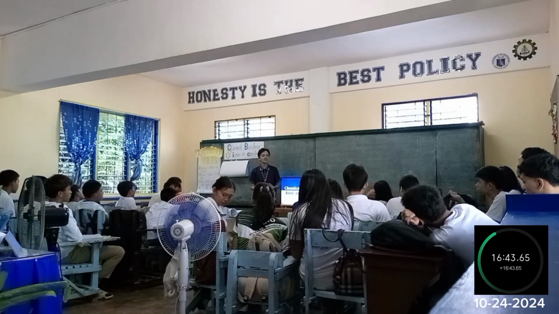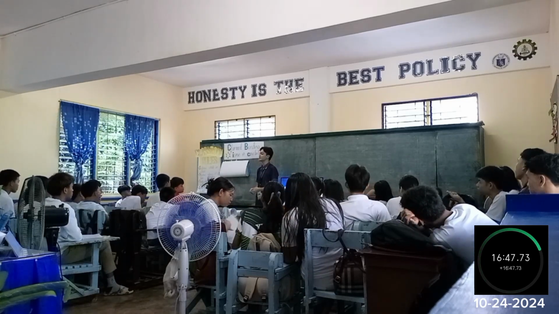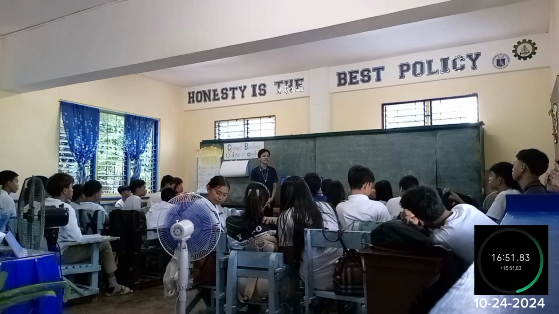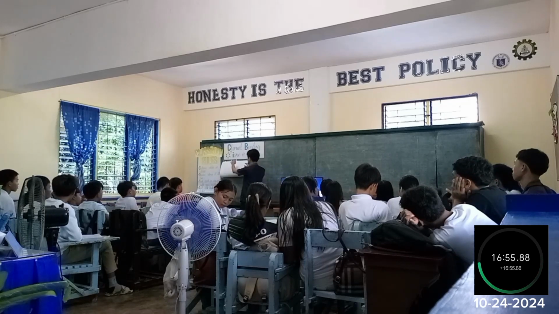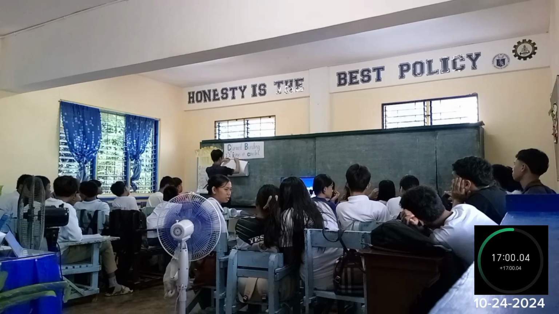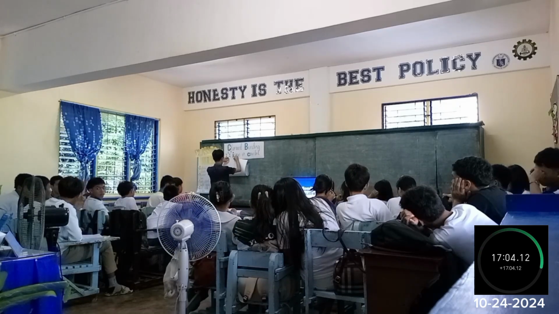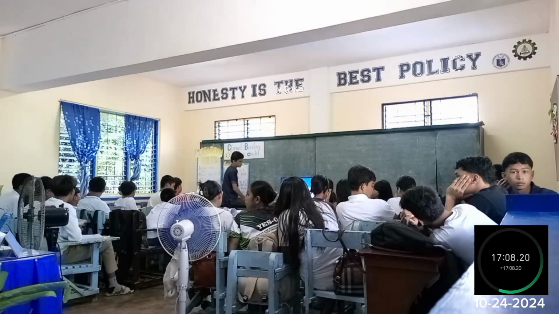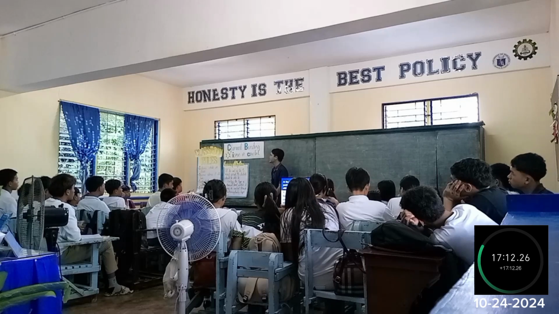So in order for us to know where we are headed and for me to lay out what is expected of you at the end of this lesson, I am going to present to you our objective for today's discussion. Can I ask everybody to please read what is written?